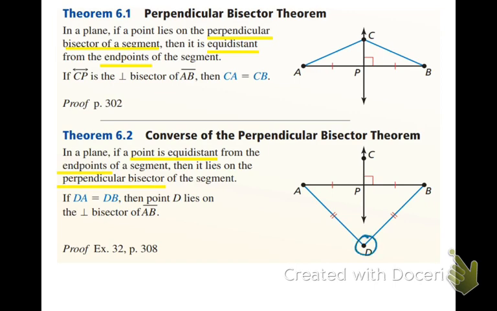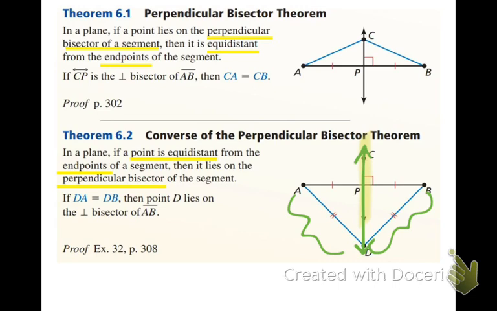So basically, if you want to know if a point is on the perpendicular bisector, the point needs to be equidistant, so equal in distance, to the endpoints of the segment. So point D is on the bisector in our picture because DB is the same length as DA. So it's perfectly in the center, which means if this line kept going, it would run into point D.